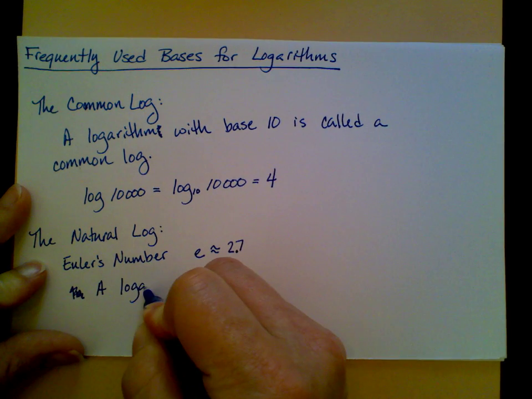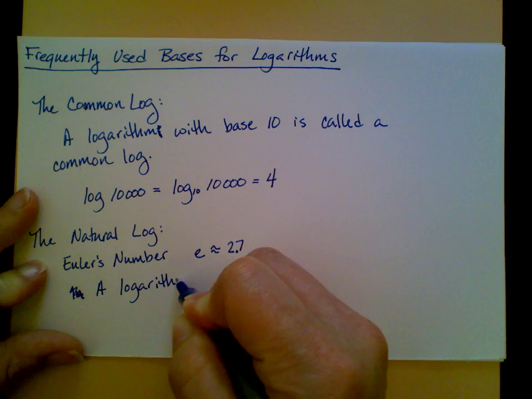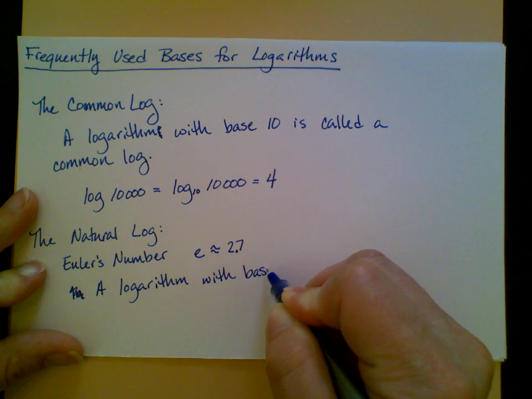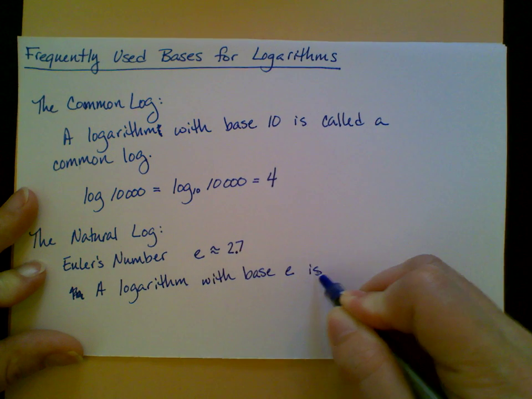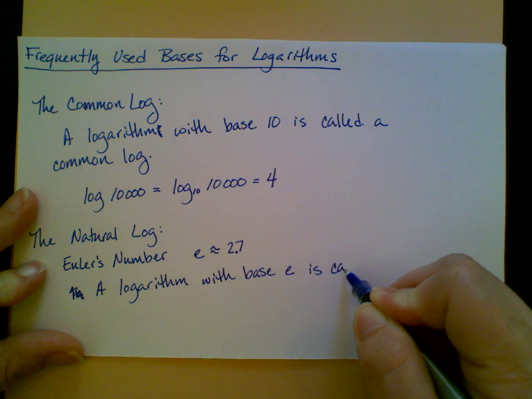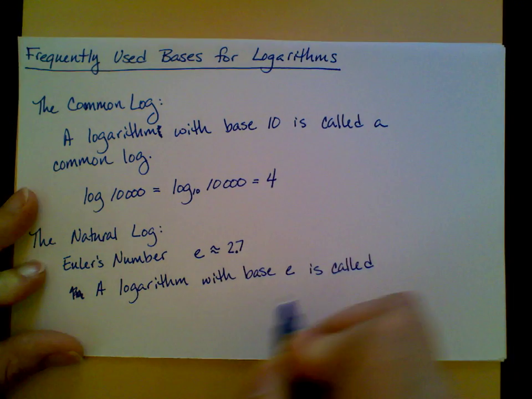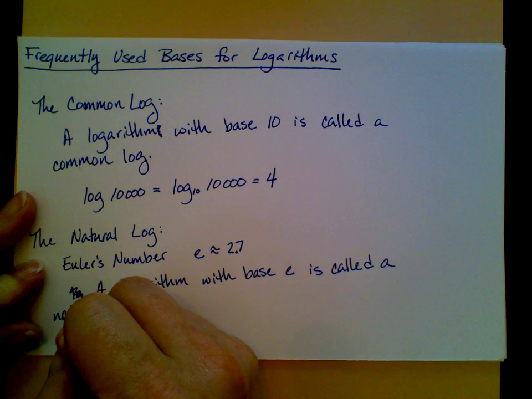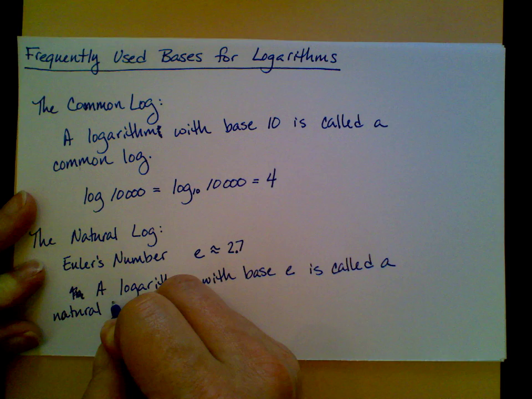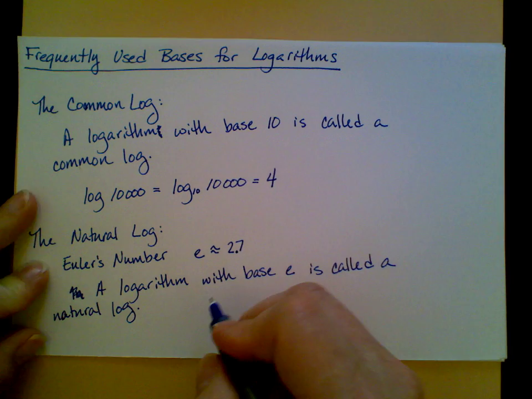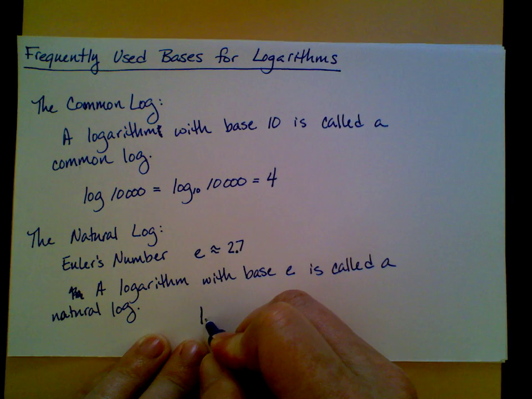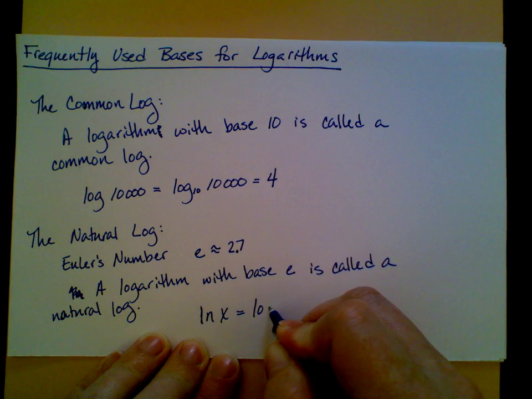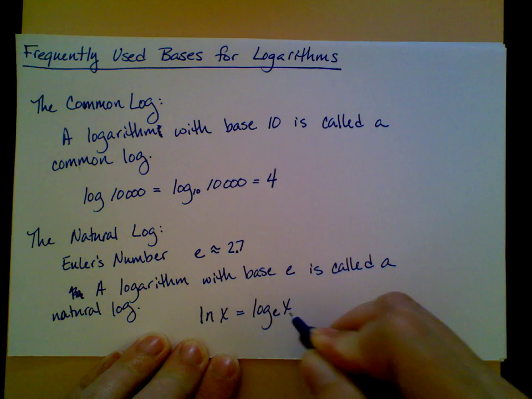A logarithm with base e is called a natural log. And we use the abbreviation ln. So ln of x is the same as log base e of x.